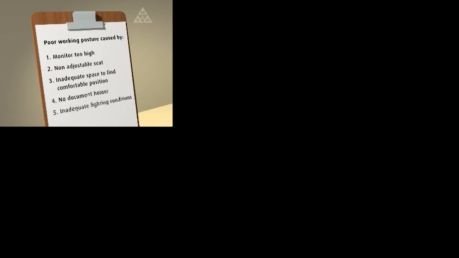Let's now look at the risk factors and problems encountered with this workstation. The poor working posture is caused by the monitor being too high, the seat not being adjustable, the inadequate space for the worker to find a comfortable position, the absence of a document holder, and the lighting conditions being inadequate. Once a risk assessment has been carried out, a new system of work can be implemented, as demonstrated in the following sequence.